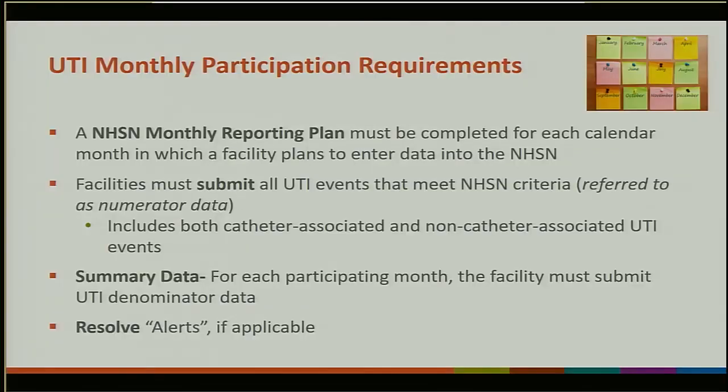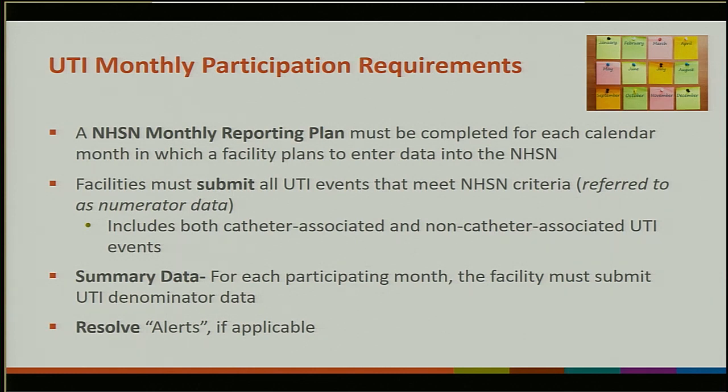Okay. So now we're going to get into the nitty-gritty of NHSN reporting if you're participating in urinary tract infection surveillance. We have the UTI monthly participation requirements. Remember this: the NHSN monthly reporting plan must be completed for each calendar month in which a facility plans to enter data. If you're planning on submitting UTI events for the calendar month, make sure you're doing surveillance for both catheter-associated and non-catheter-associated UTIs, facility-wide, so all resident care locations in your facility.